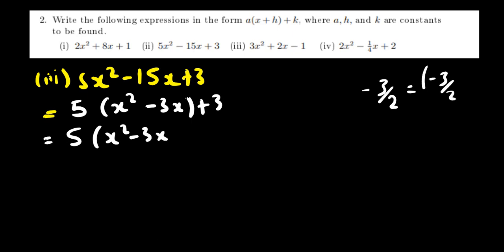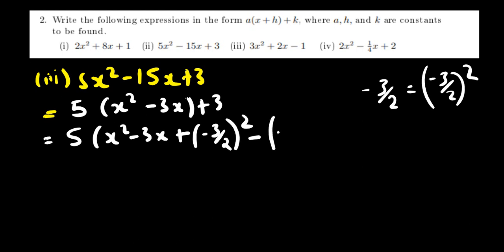Now you're going to square this. So plus negative 3 over 2 squared, then minus the same, negative 3 over 2 squared.